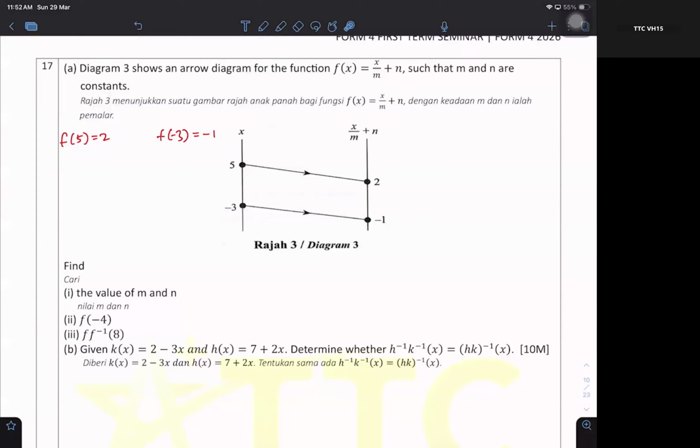Then you do the most important thing. The most important thing is what? Take the bracket and substitute into the x. So if I substitute this 5 into the x, it becomes 5 over n plus n. Right-hand side equal to, understand.